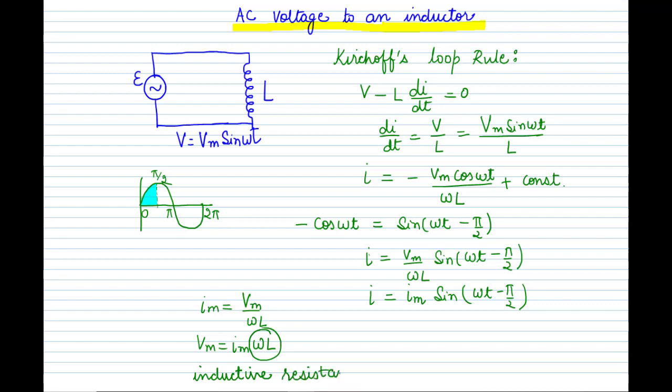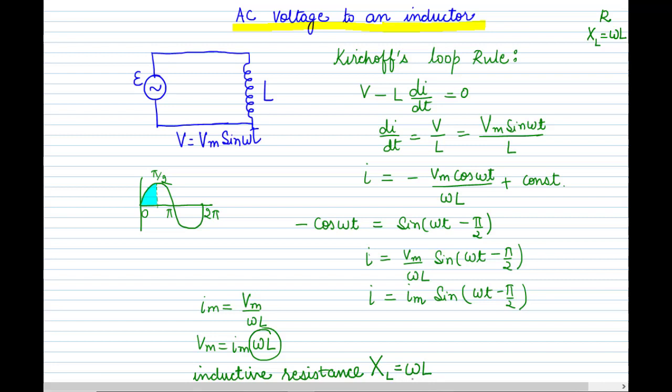So what is the inductive resistance? Omega L. And R we already used, so we call it XL. If you have a resistor, then the resistance is R. If you have resistance in the form of inductance, then this is omega L. This is simple resistance and this is inductive resistance.